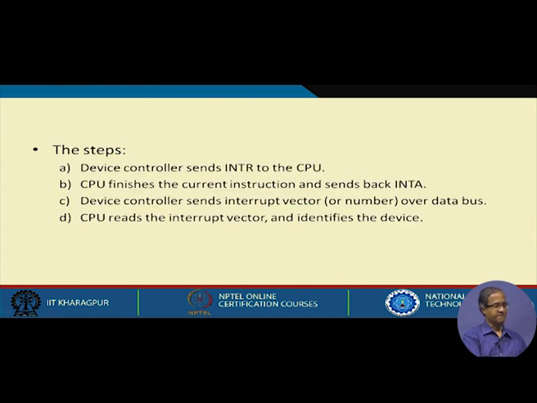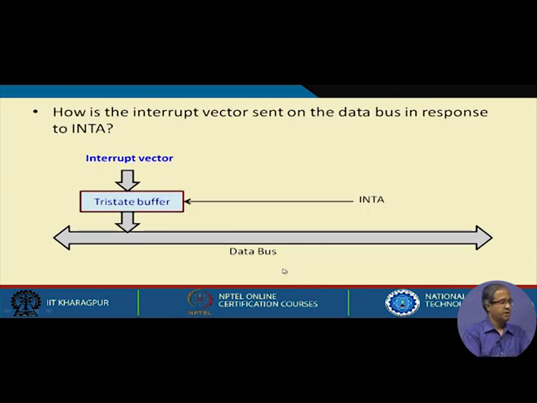right. Fine. Now, the question is, how is the interrupt vector sent to the data bus in response to INTA? Whatever we have said, that whenever this INTA signal is coming, the device will be putting the interrupt vector on the data bus, but how does it happen automatically?